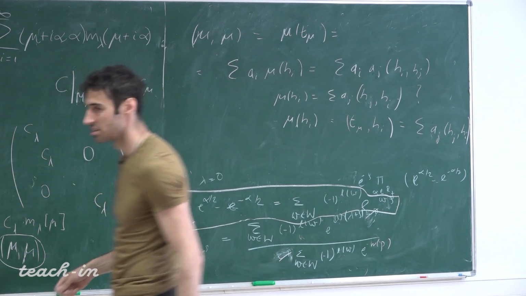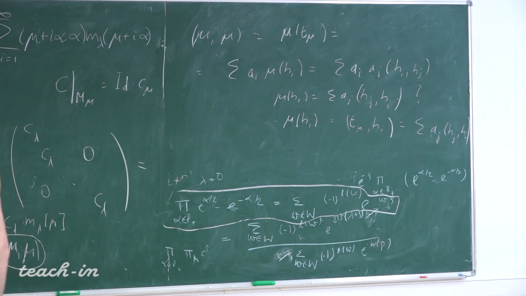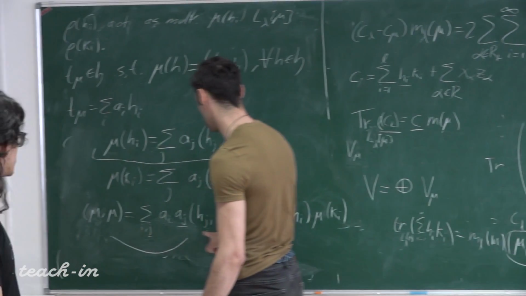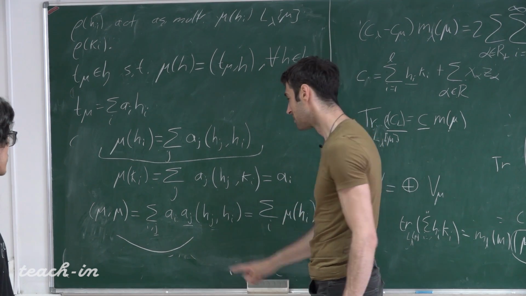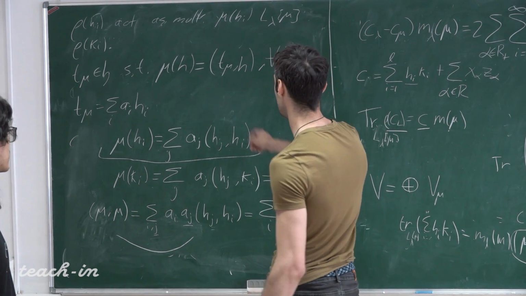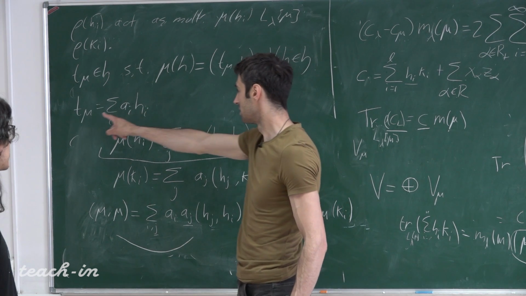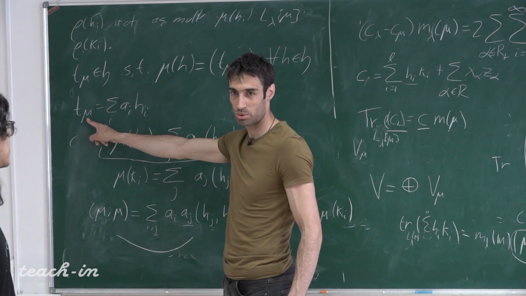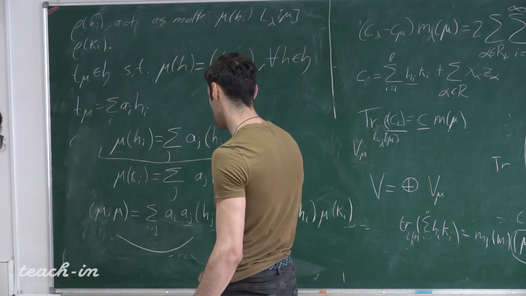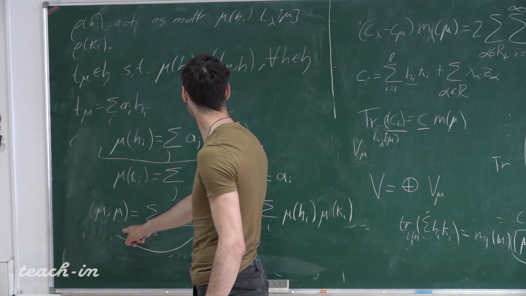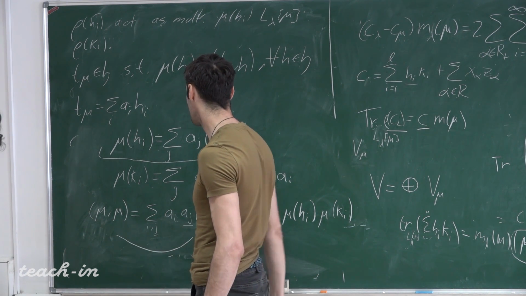Oh, excuse me for this. Yes. Please explain these last. Yeah, so I'm trying at least to understand why mu mu is this thing. I'm just applying the definition of t mu two times. Okay. So first I say, okay, it's mu mu, right?